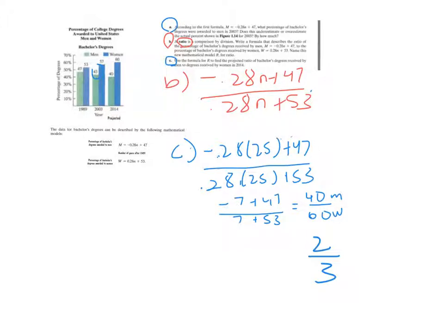And so if you look at the chart, we have it right here, that 60 to 40 is the ratio in the chart as well as this formula. So these are the same, and so that's a good thing.